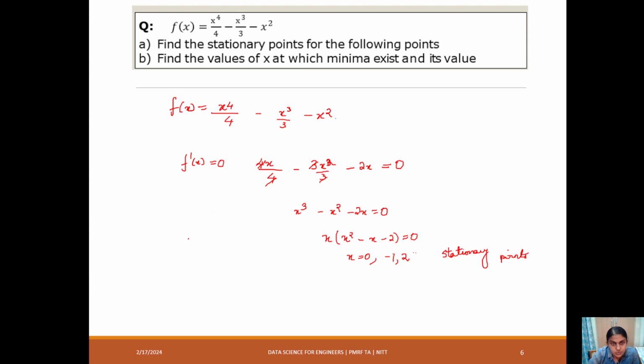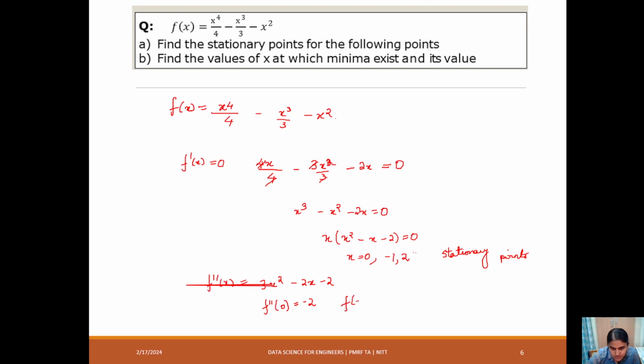Okay, then what we have to do is find the values of x at which minima exist and this value. So already Sridhar has put x equal to 2. Are all of you getting that answer? First you have to find out f double dash of x. That means it is 3x square minus 2x minus 2. So this you have to find at the stationary points. So f double dash of 0 you will be getting minus 2.